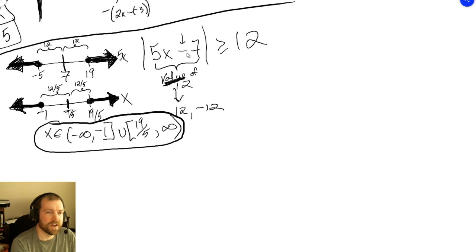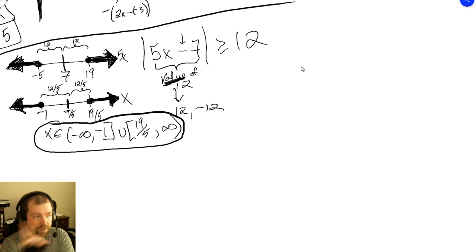In this case, our target value is 7. We need to be further away by a distance of 12. So 12 or further. So start at 7, go 12, and then go further. And here this was 5x, so divide everything by 5.